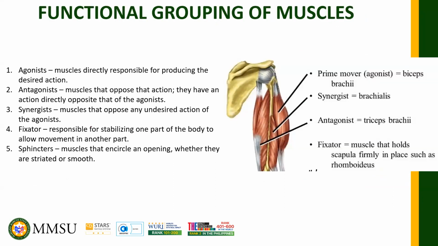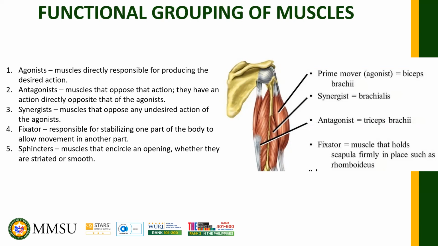Now we have here also some functional groupings ng mga muscles natin. Okay, we have number one, we have the agonists or what we call as the prime movers. So sila yung responsible for producing a specific movement when they usually contract. So they are usually the primary muscles that are engaged in an action.